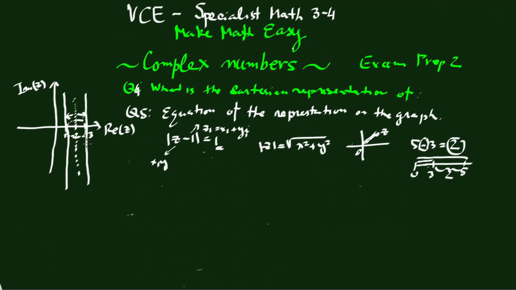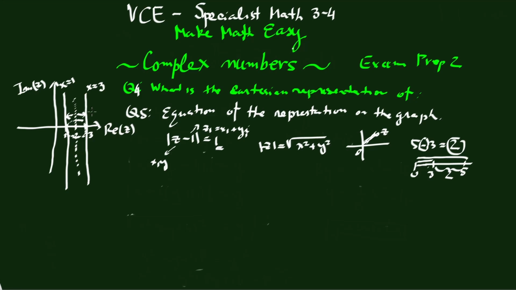So what we can see is that this line here represents x equals 1, and this one represents x equals 3.